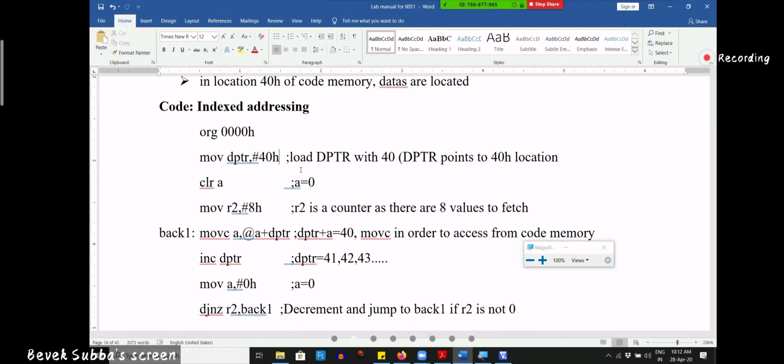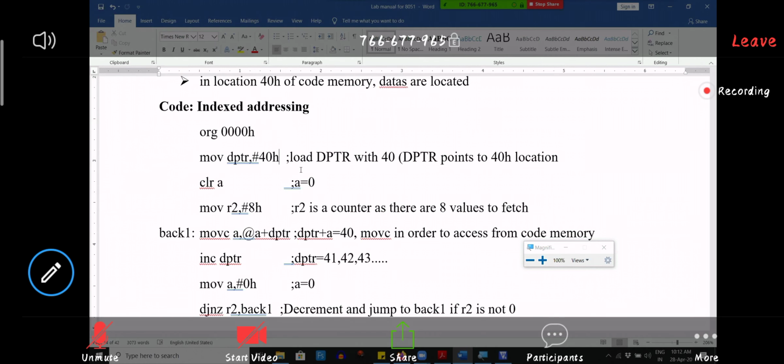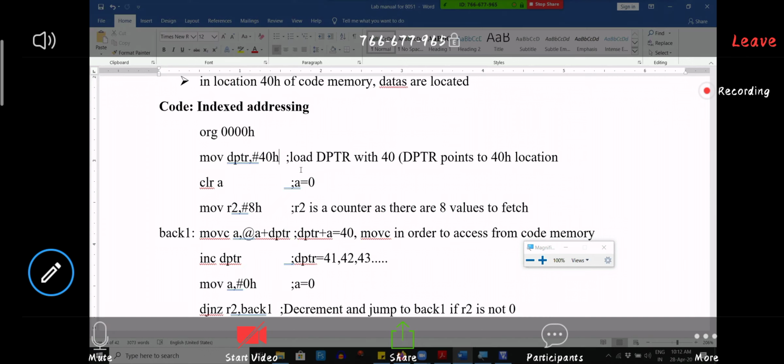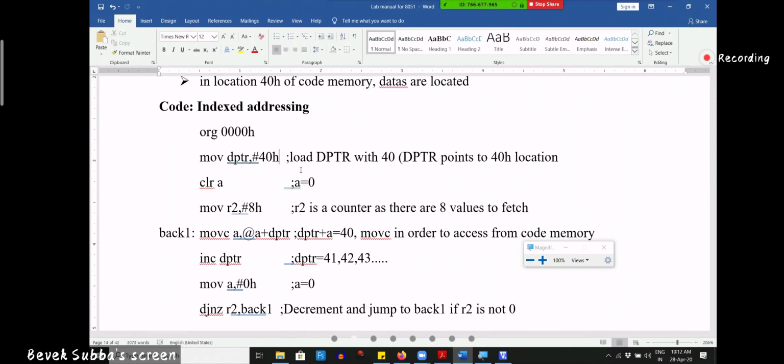We are copying the value 40h into DPTR, so now DPTR is 40h. DPTR is also a register. Is it an 8-bit register or a 16-bit register? It's a 16-bit register, and in the DPTR register there is 40h now.